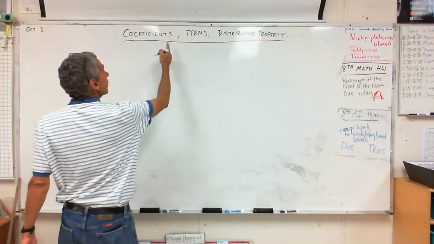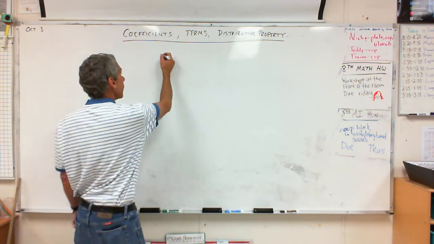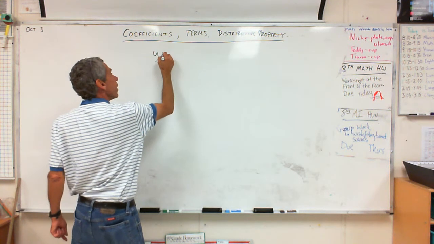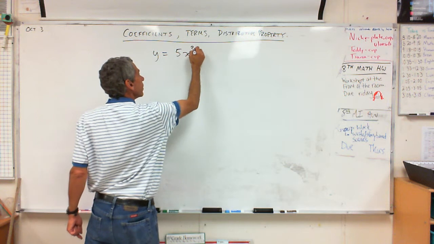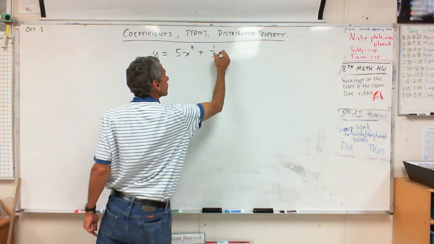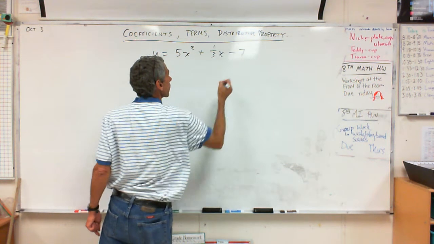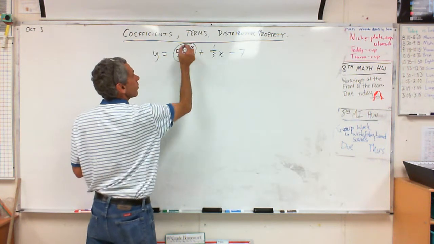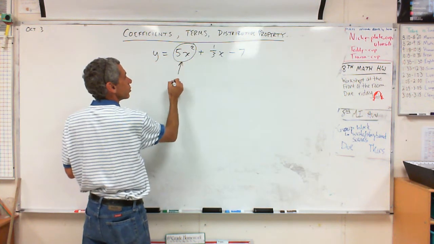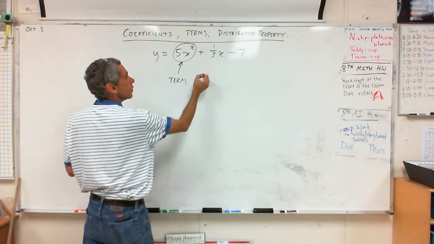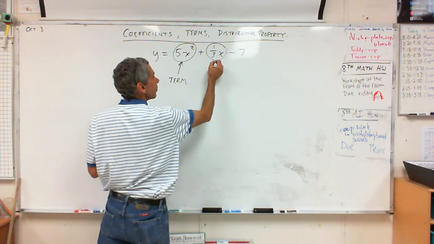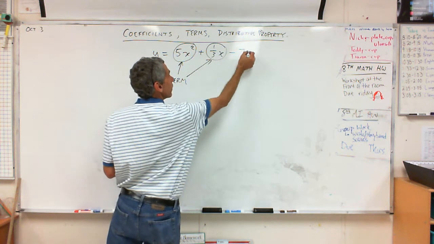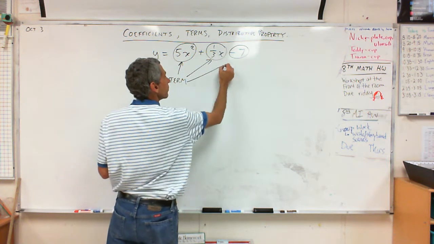Okay. Terms. If I write an equation like this, y is equal to 5x squared plus 1/3 x minus 7, like I did before. This is a term. This is a term. And this is a term.